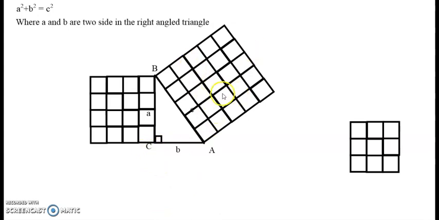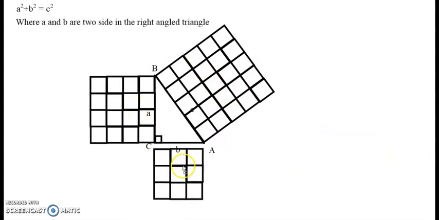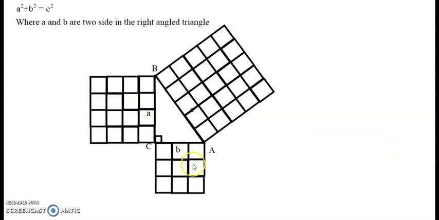So 25 minus 16 is 9. So there will be 9 squares on this side. So the length of this side is the square root of 9. So that will give me 3.